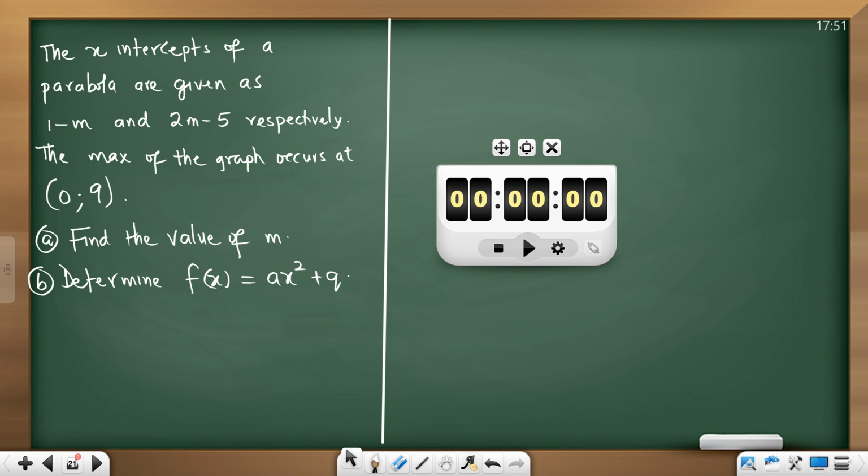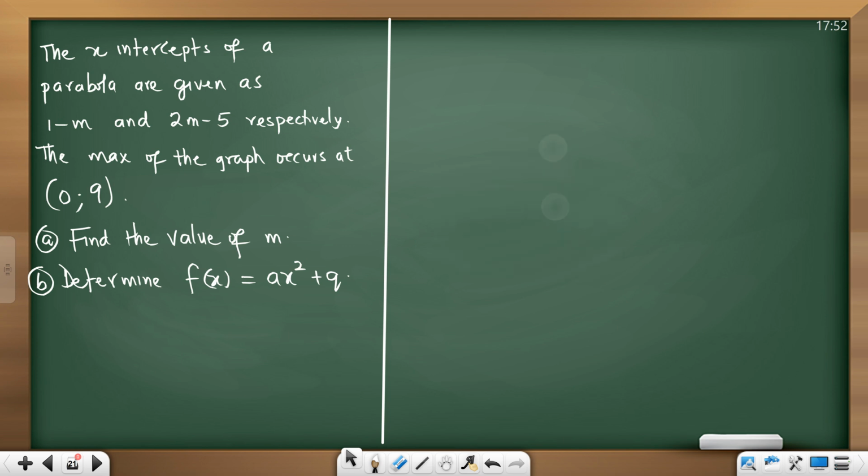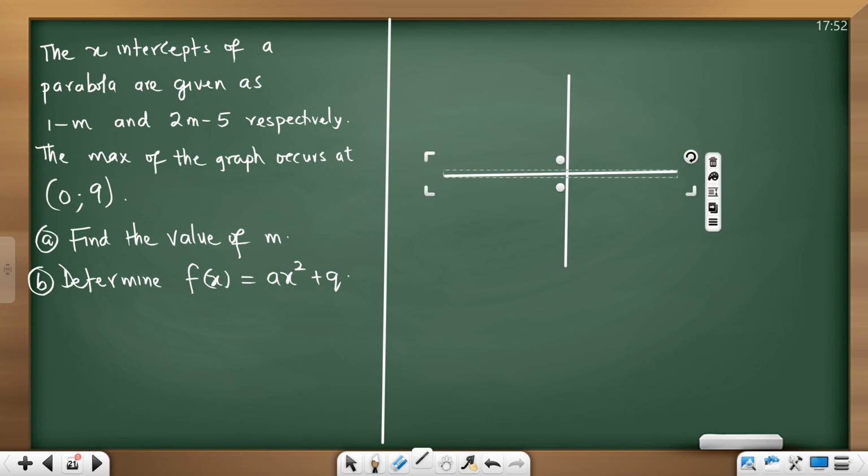A little bit tricky here. And I want us to see how to get this done. Now, the question says the x-intercepts of a parabola are that. If I want to show you graphically, x-intercepts at that and that, that's grade 10.